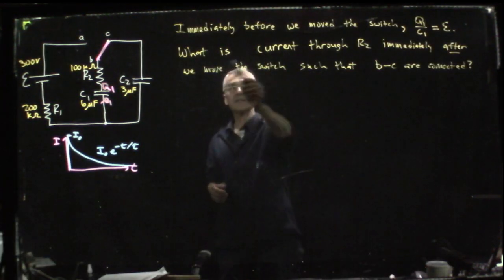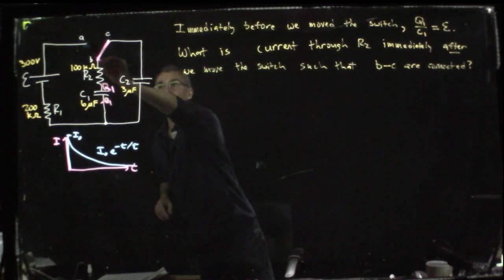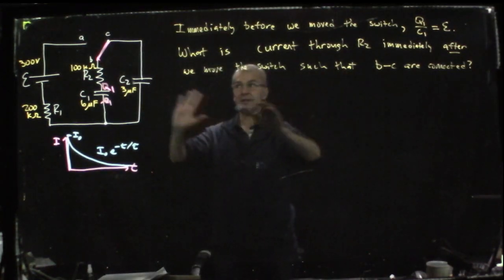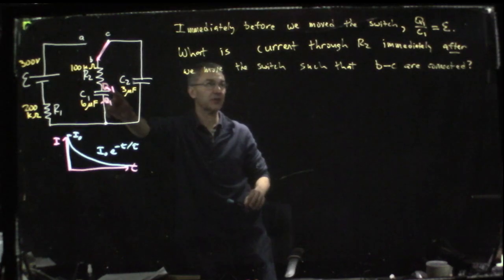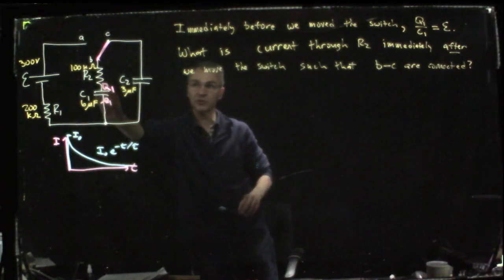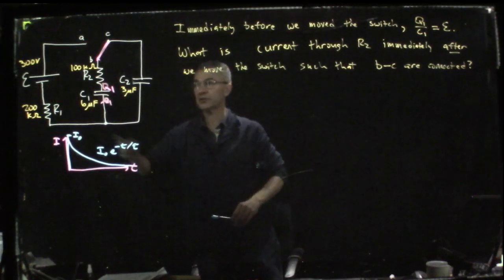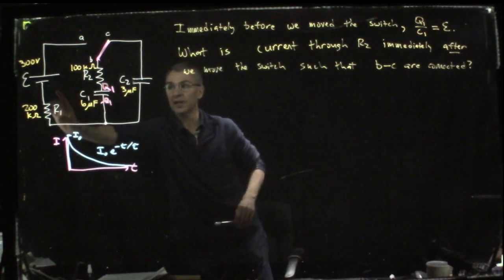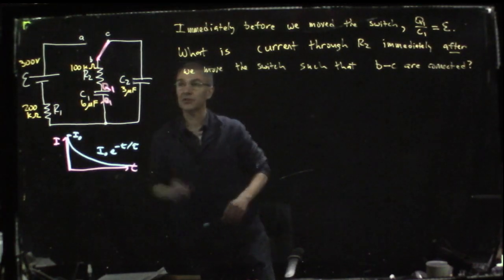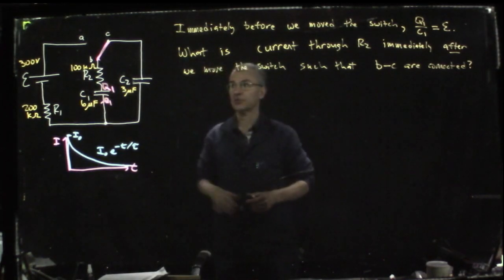Okay, so immediately before we moved the switch, A and B were connected together, and we left it in that position long enough that the charge on this capacitor reached its asymptotic value. That means the voltage on this capacitor at that asymptotic point is equal to the battery voltage, because there was no IR drop across either one of these resistors once the current through the capacitor became zero.